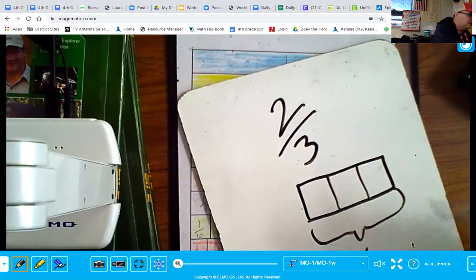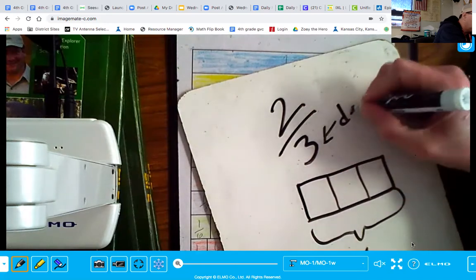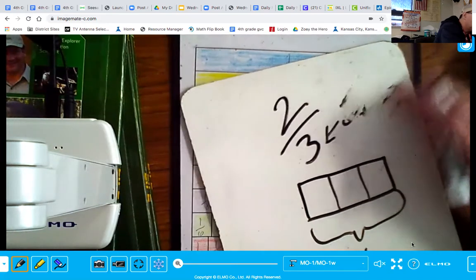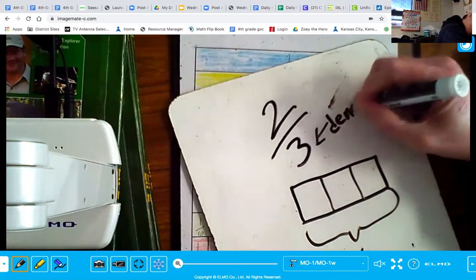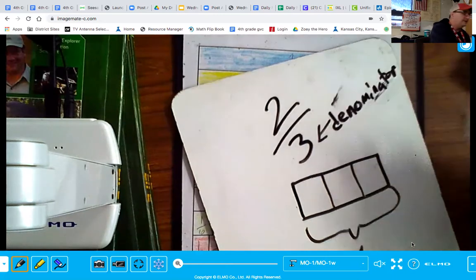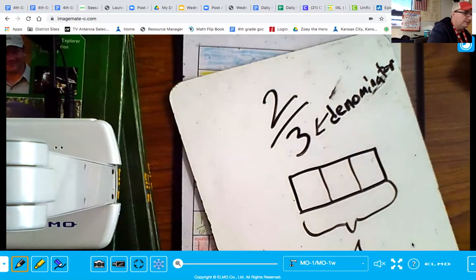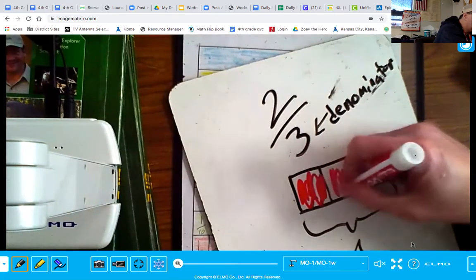Since it's 3 equal parts in the whole, our denominator is 3. Remember, denominator tells the total number of parts in the whole. And then since we're going to choose 2 of them to color in, that's why our numerator is 2.